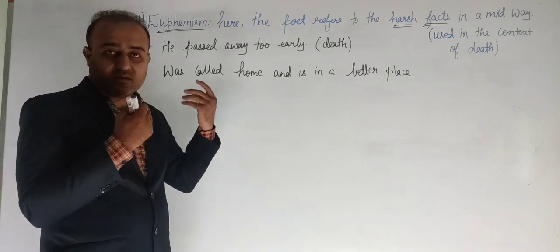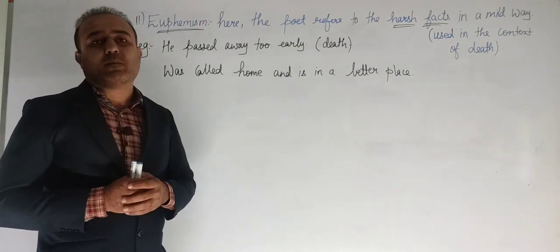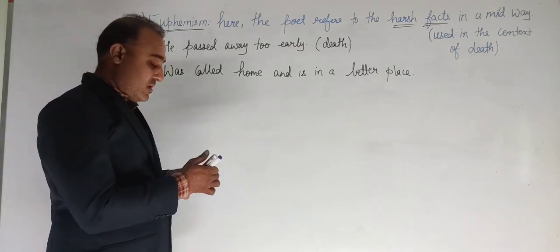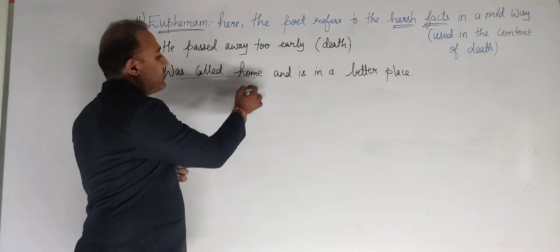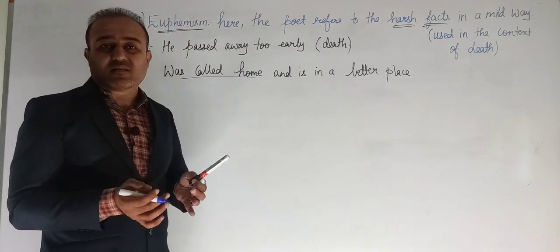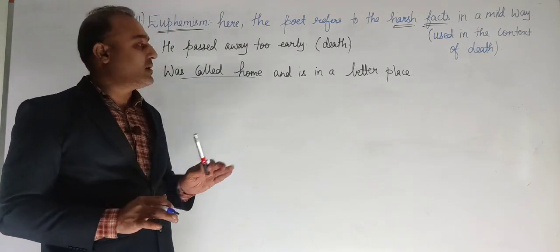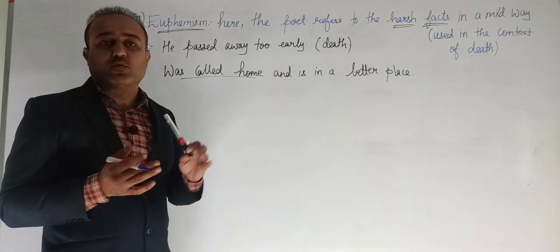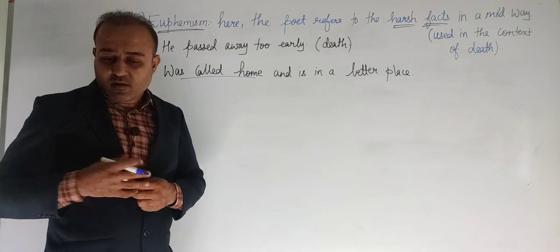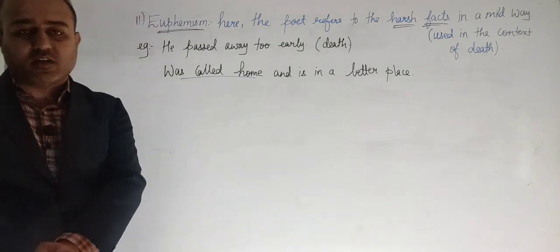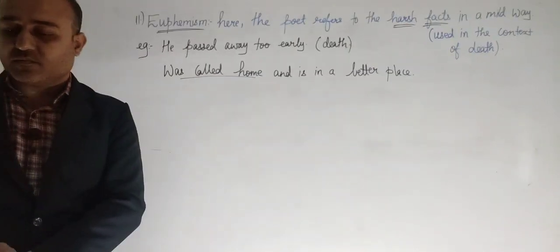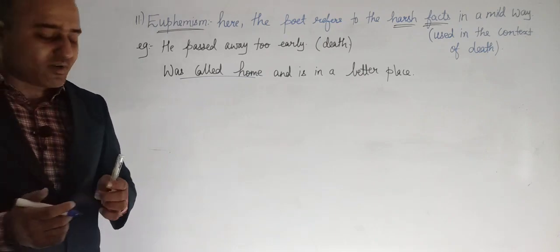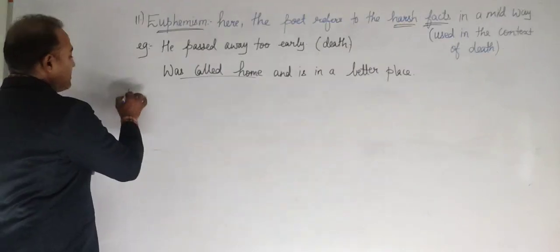That means the person is dead and is in a better place. Again, the harsh fact, was called home, a fact related to death, is expressed in a very mild way. So again the figure of speech is euphemism. So I hope euphemism is clear to you all. The next figure of speech which we will study today is tautology. Okay, so now let us try to understand what tautology is.